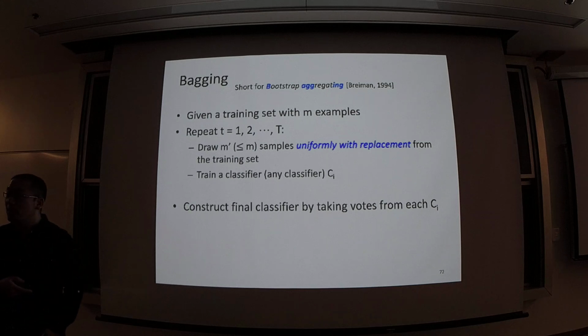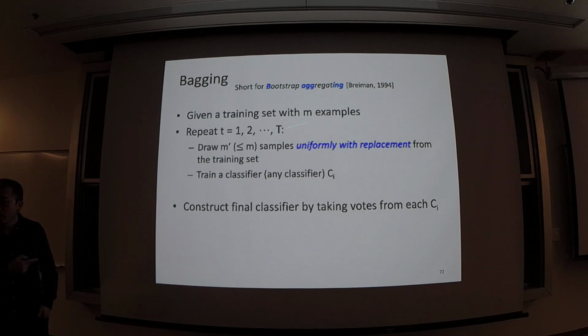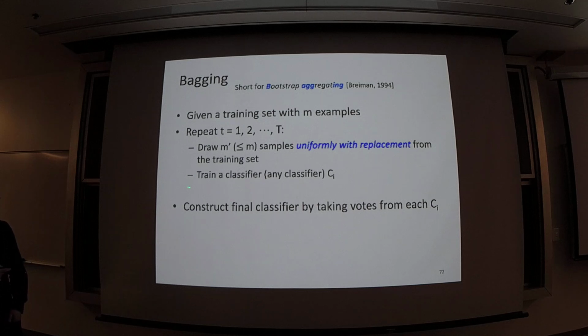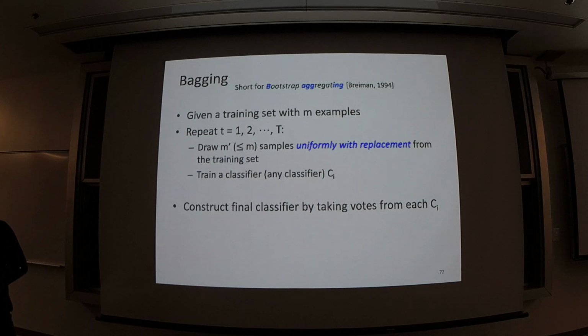But first, let us review the general framework for bagging. It's pretty straightforward. Suppose we have a training set with m examples. We repeat for T iterations. For each iteration, we draw m' samples uniformly with replacement from the original training set. Then based on these m' samples, we train a classifier with any strong classifier, like unlimited decision trees using ID3 or whatever.